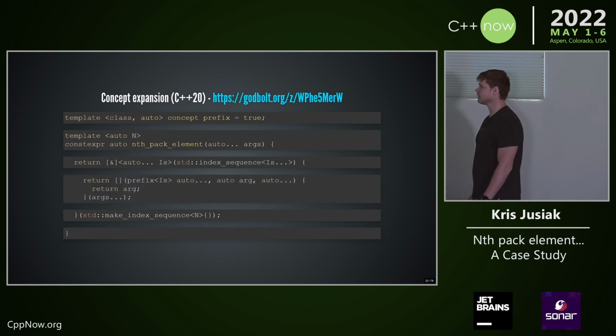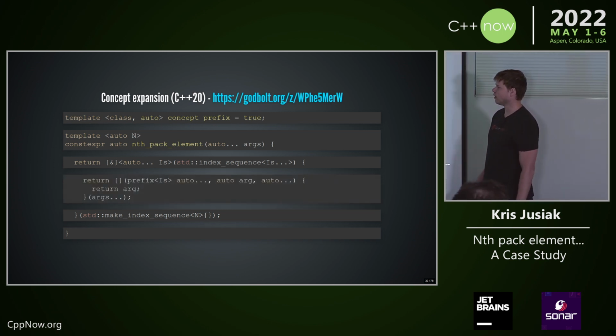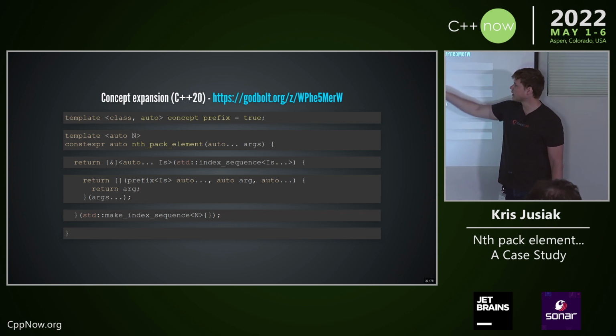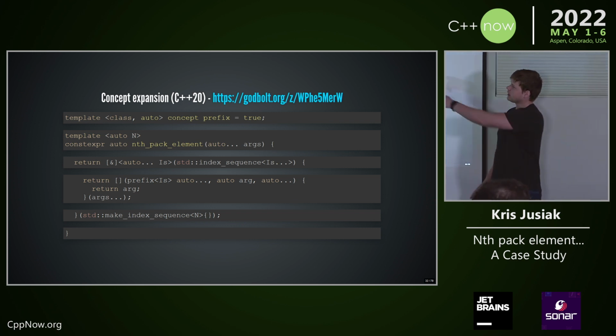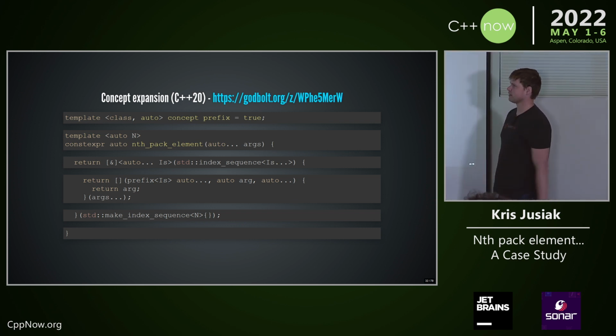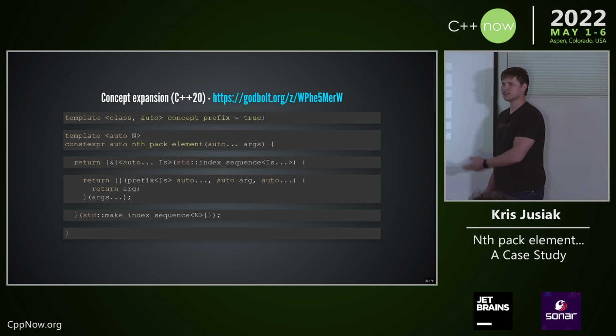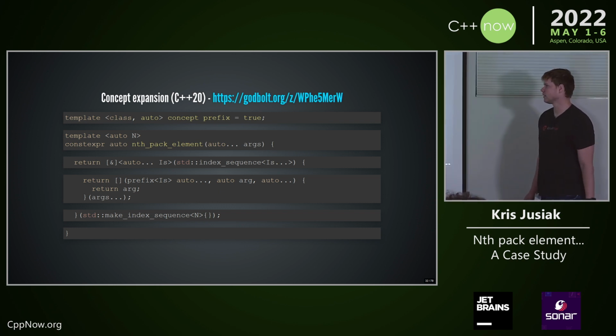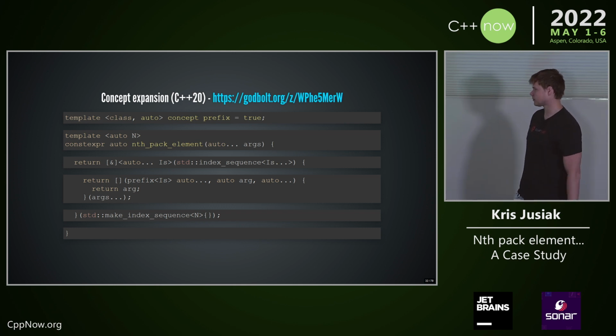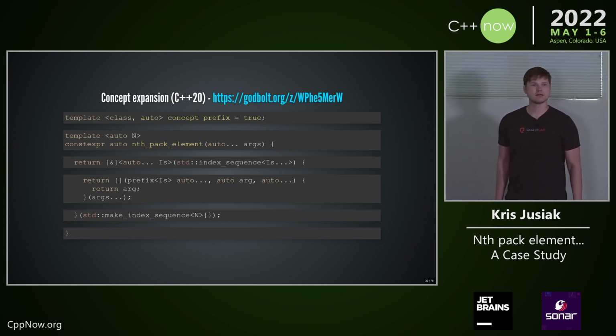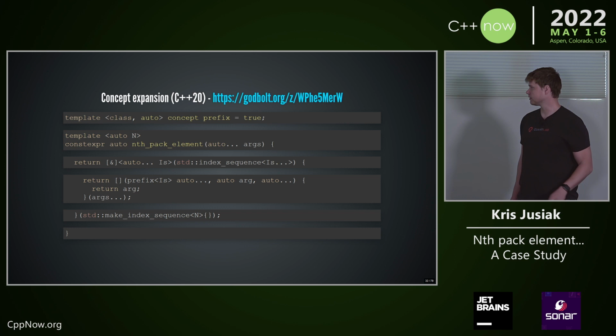And the expansion here is over the concept. So we have the prefix. The first type will be passed as a class. The is will be the second one. And we do the ellipsis, meaning that we expand it n times here. That works in Clang and doesn't in GCC.